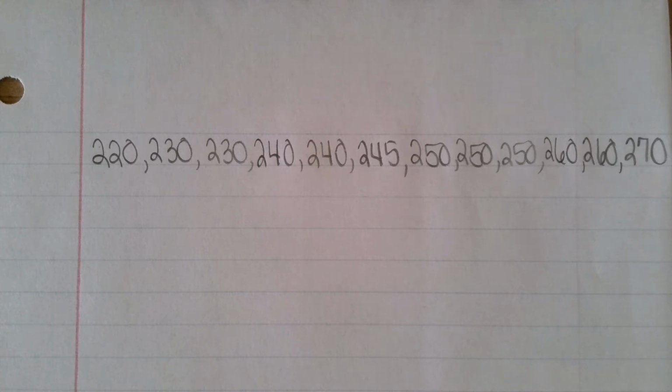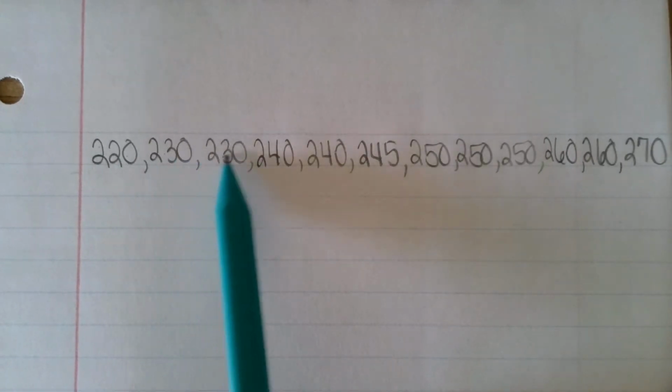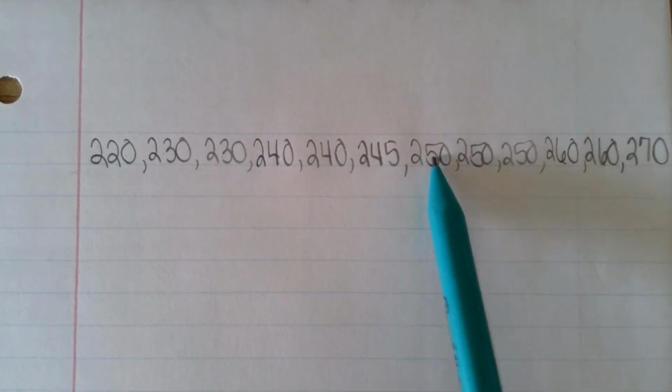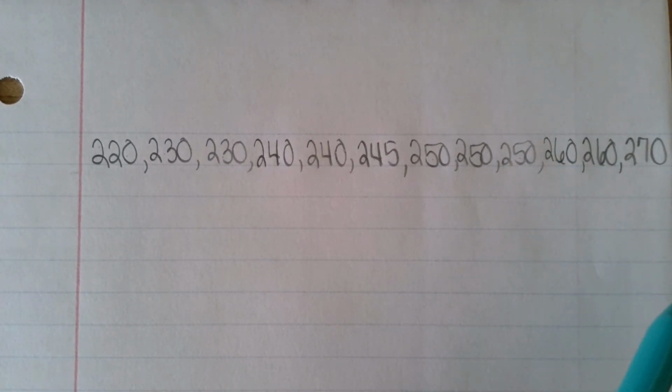So the first thing I want to do is find the median. Remember, that's going to be the number that's in the middle. So let's count how many pieces of data we have. 1, 2, 3, 4, 5, 6, 7, 8, 9, 10, 11, 12. You're going to want to check those dots on your dot plot to make sure you have the right amount of data as well.